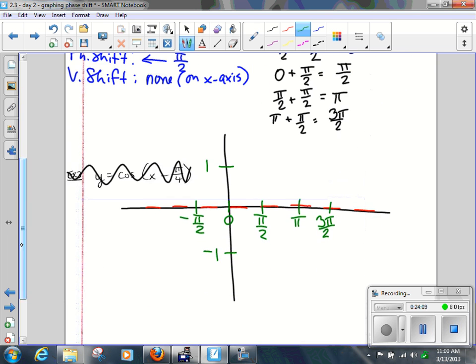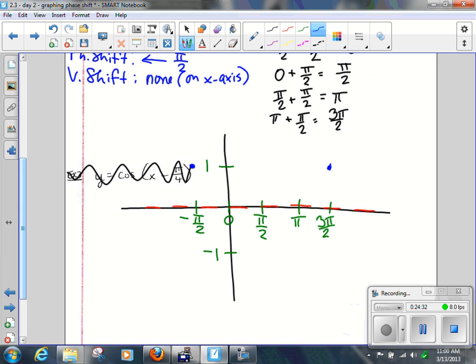Where does my curve start? At negative pi over 2, 1. Do you agree with that? Where's my ending point? Is it up high or down low? It's up high, above my ending point. Where's my minimum value?